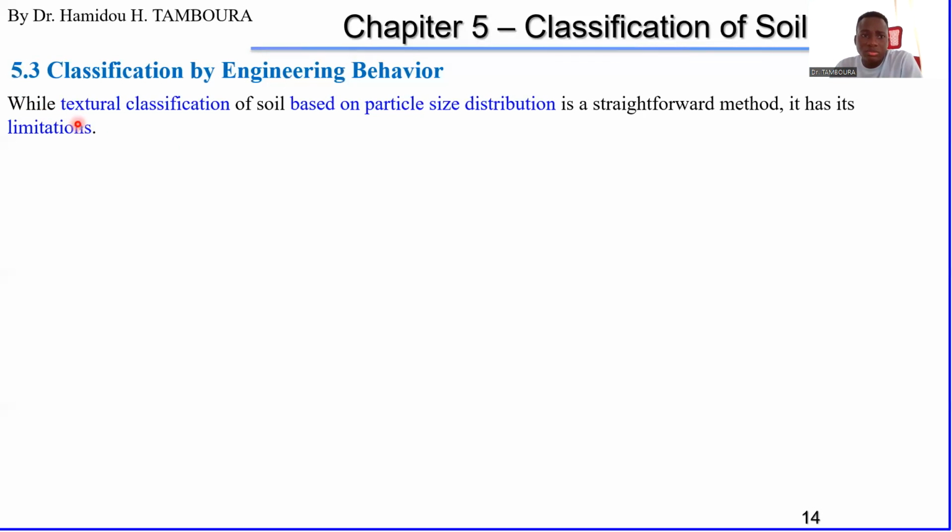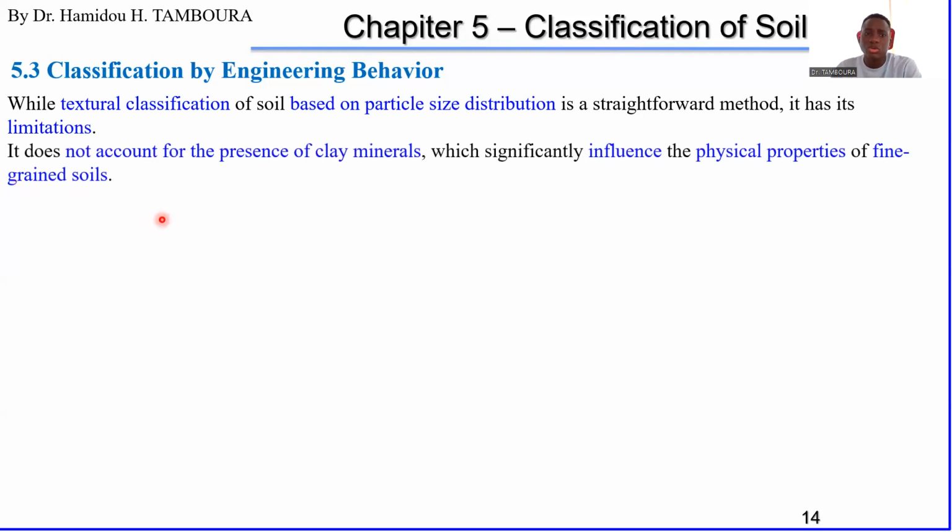While this textural classification of soil is based on particle size distribution, and is a straightforward method, it has its limitations. Because of that, we need another type of classification. It doesn't take into account the presence of clay mineral. And according to the previous chapter, clay mineral can play a very important role in soil behavior.